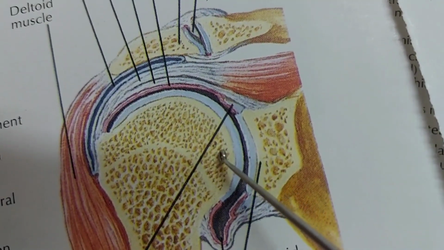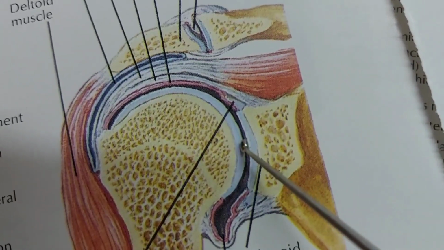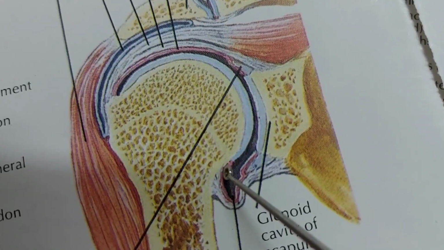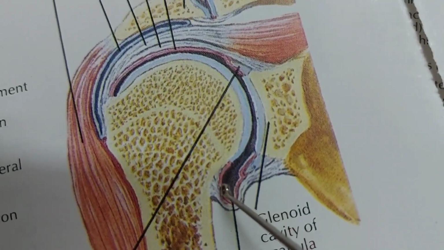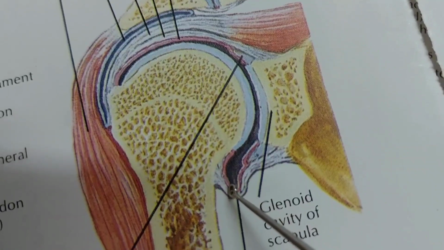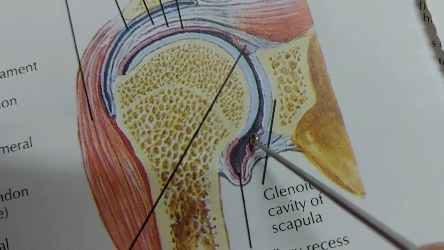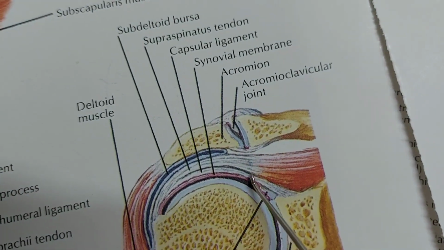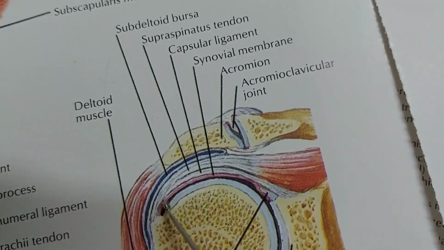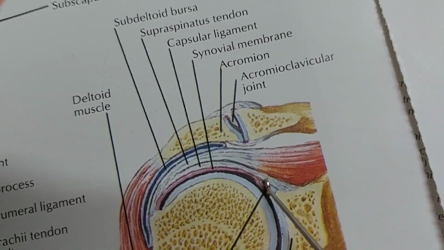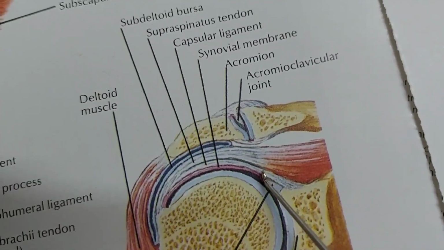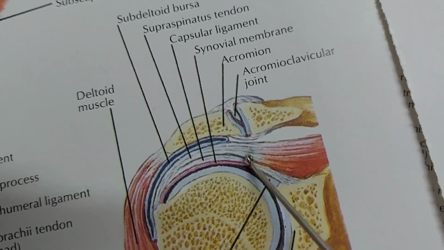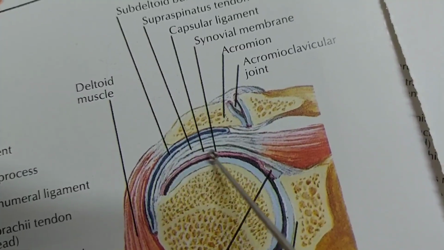And the synovial joint also has the synovial membrane. Here we see a membrane that surrounds the joint. This is the synovial membrane, and outside the synovial membrane, there is fibrous tissue that covers the joint.